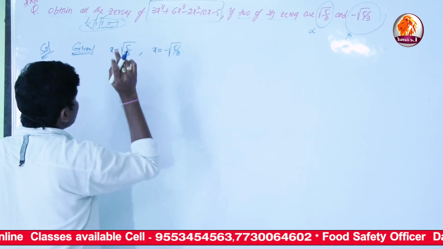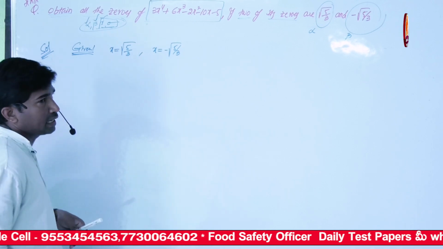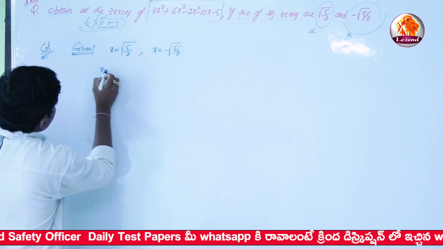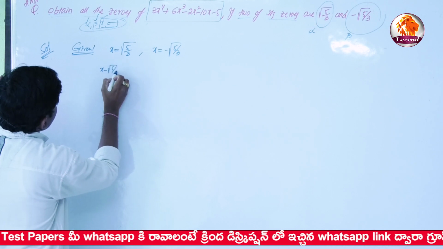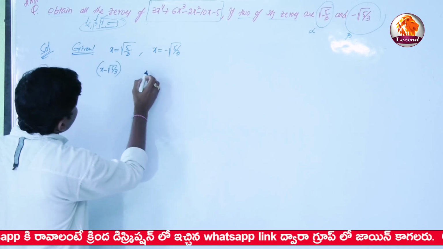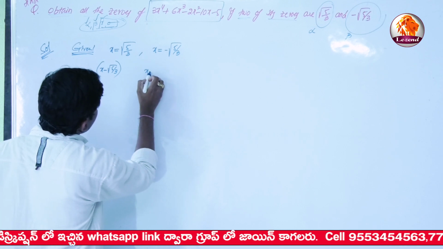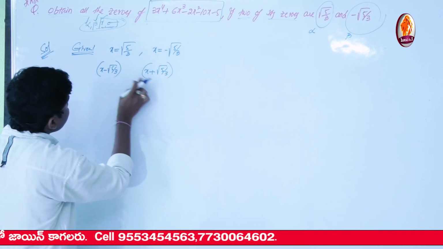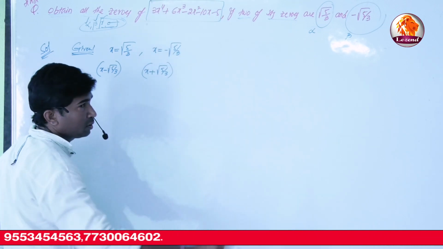This is x1, this is x2, otherwise alpha and beta. X equals root of 5 by 3 gives the factor x minus root of 5 by 3. This is the first factor. The other gives x plus root of 5 by 3, the second factor. These are the roots of the given biquadratic polynomial.